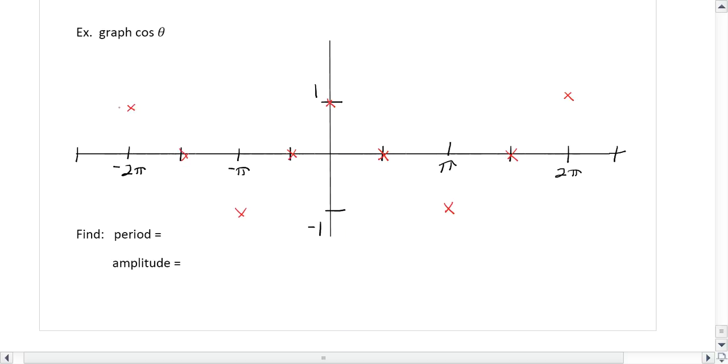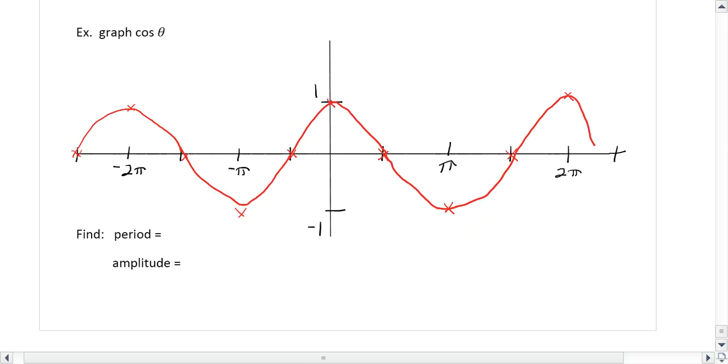Connecting your dots. See if I can do a better job with the wave this time. Now, a possible question that I've heard about on the ACT is they'll give you 2 graphs and they'll say, identify which one of these is sine and which one is cosine.